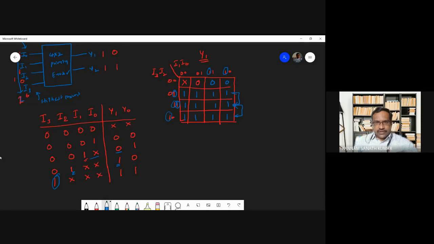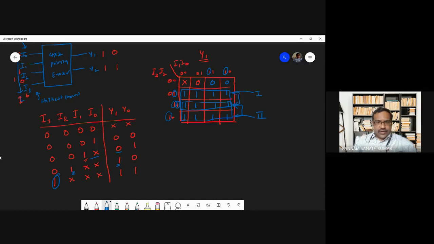So this is 1. Anyway, this one is 1. Okay. So you can make the group. Okay. So this is one quad, and this is one quad. So that means here you are getting two groups. Okay. So let us consider this the first group, and this one is nothing but the second group.